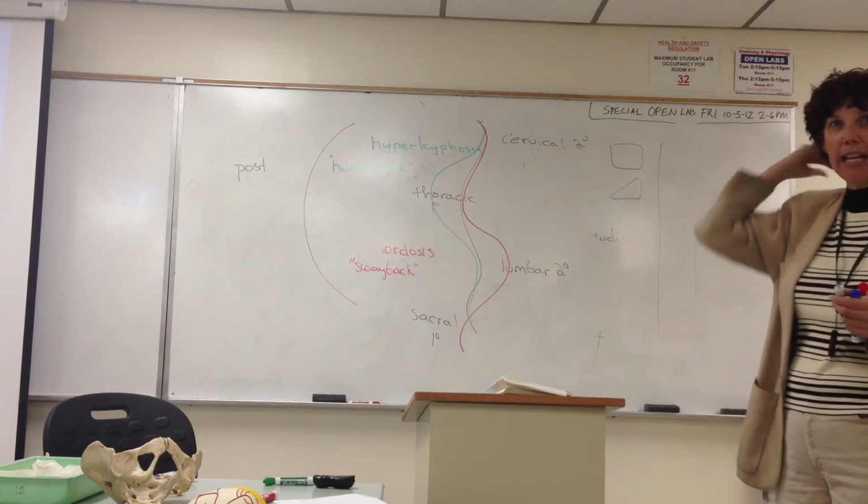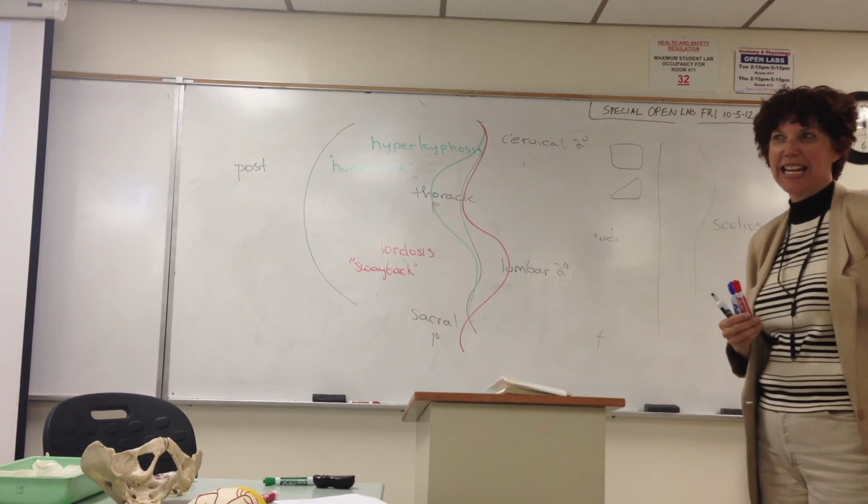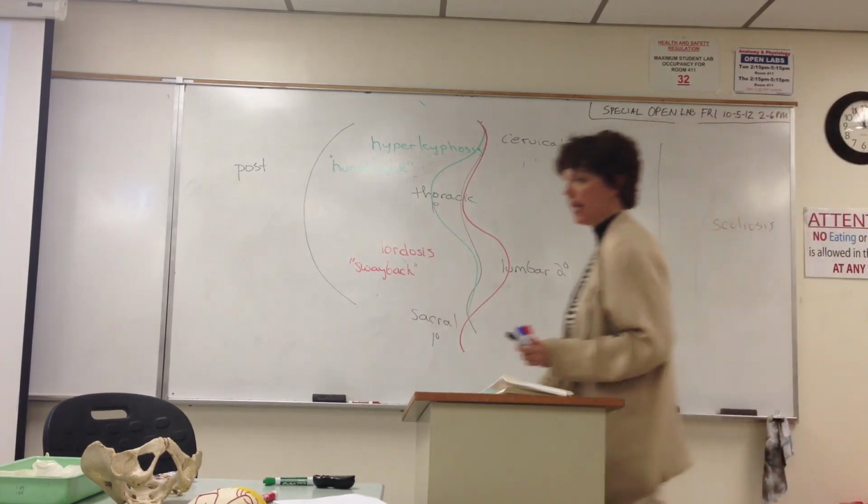Being at C2, it's not as likely to have a significant effect as if it was lower down in the lumbar region. And so we keep checking it when he has his physicals for sports or for high school. And so far he's okay with it. Doesn't have any scoliosis yet. All right, let's stop there and take a break.